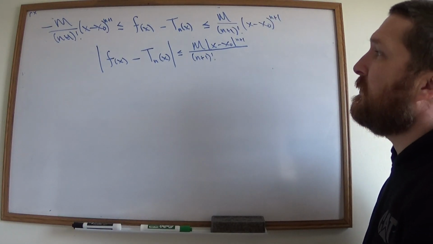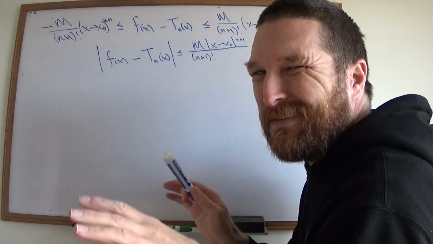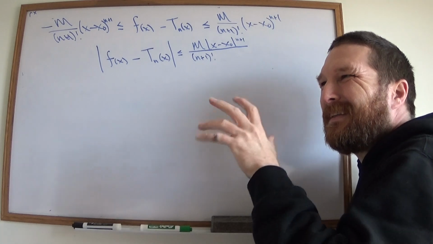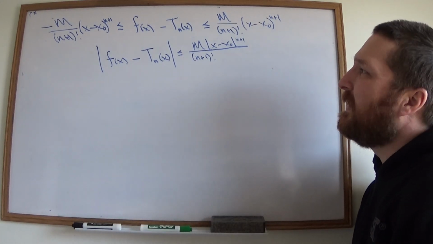This is Taylor's theorem, or at least what I'm calling Taylor's theorem. Your book does it a little bit differently. It defines it a little bit differently. This is a much more straightforward way of saying it.